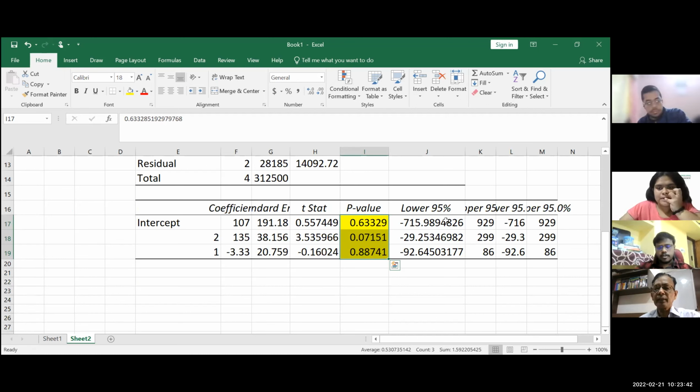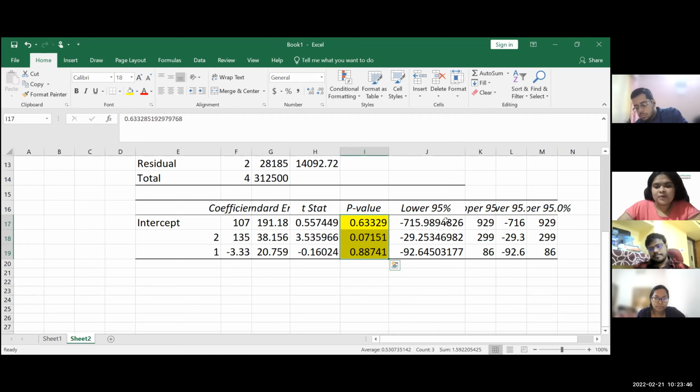Which factor is significant? Trushali? So none of them are significant. Very good. Now you are smarter. The minus you got earlier, the minus cancelled out, so it became equal. Okay.